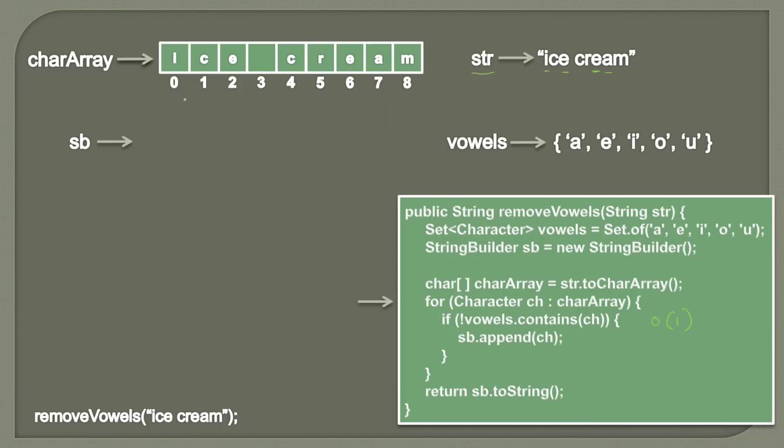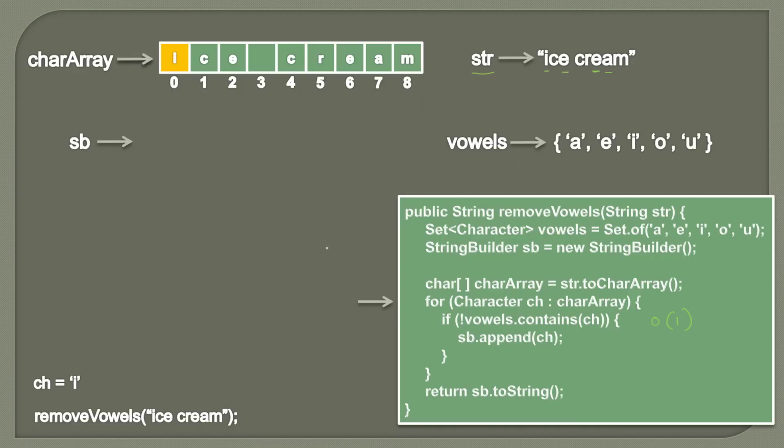Now we'll traverse each and every character one by one using this for loop. The for loop says to iterate over each character present in the char array. When the for loop starts, ch, the character, will point to the first character, which is I.